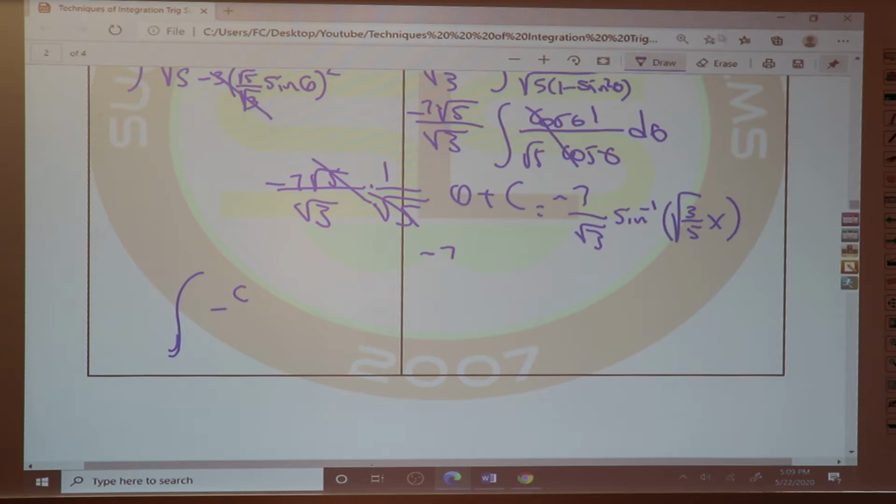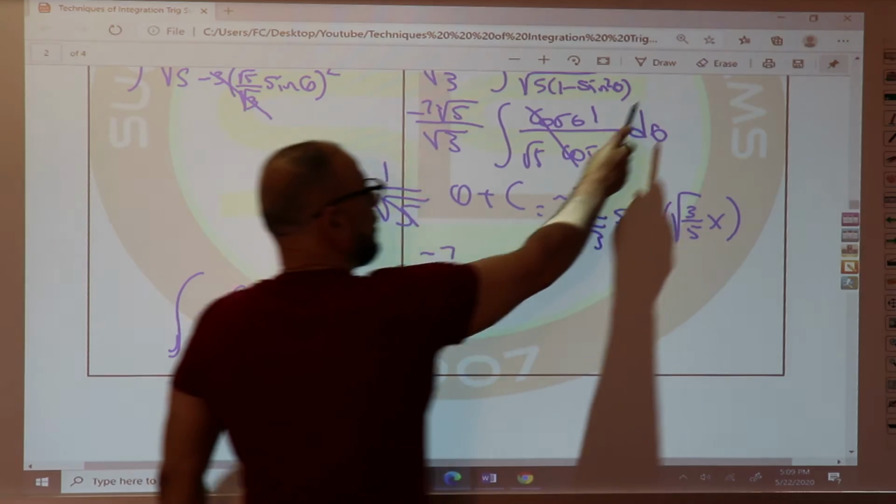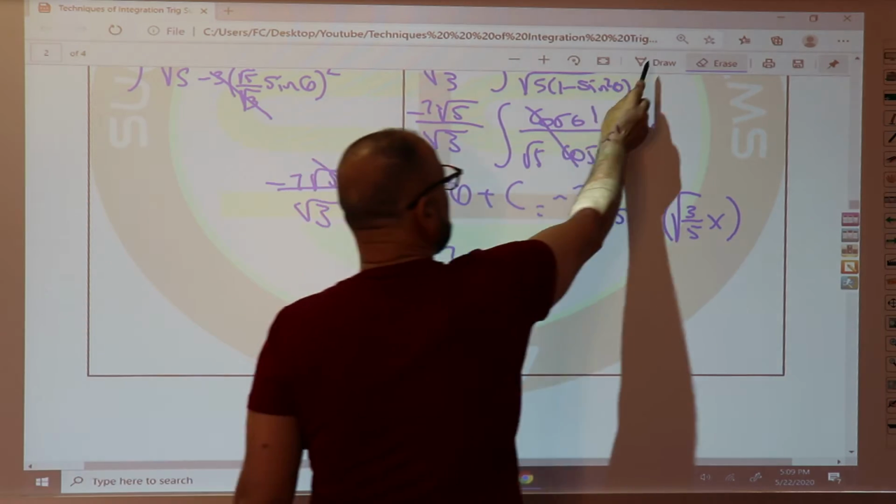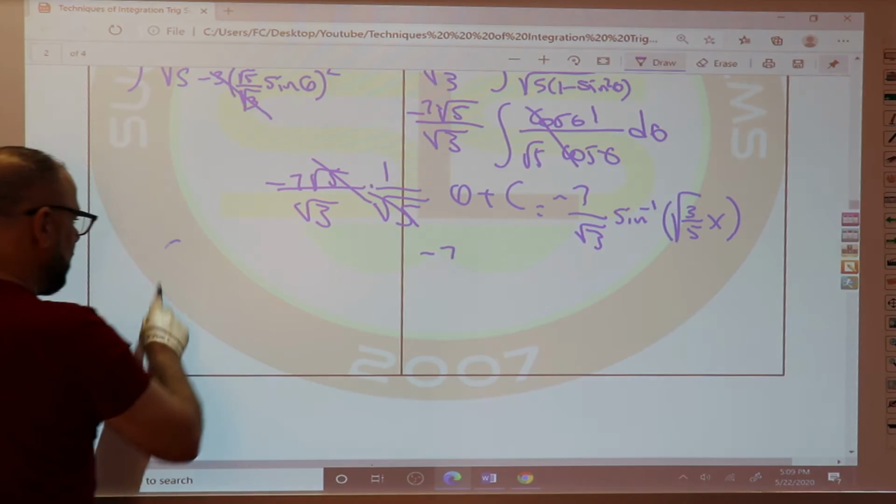I'm trying to give you a general form to help you just for these cases. I don't want you to use it everywhere, just use it for this.